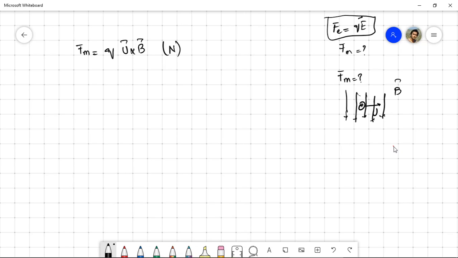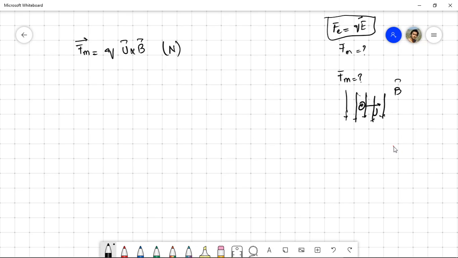If we try to comprehend this equation in a more practical or physical form, we will see that the direction of this force will be perpendicular to the plane containing the vectors u and B. That's what we studied about the cross product, right? The resultant of any cross product has to be perpendicular to both the vectors whose cross product we are taking.